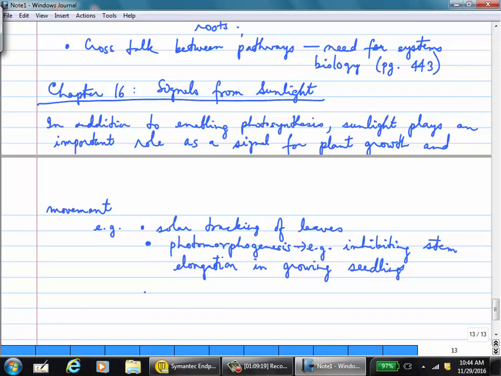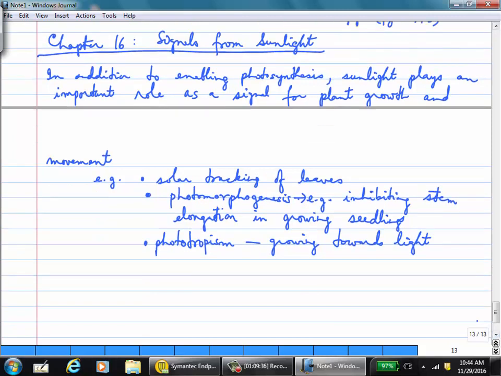Then phototropism, that is the tendency of plants to grow towards light. So growing towards light. Then photoperiodism.